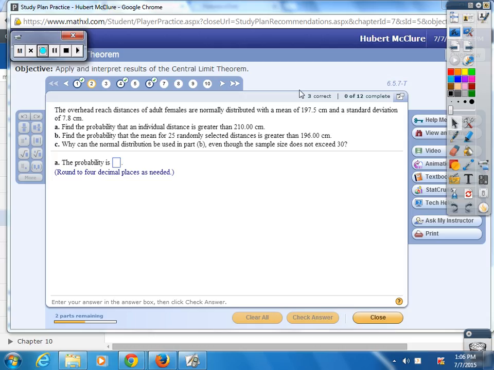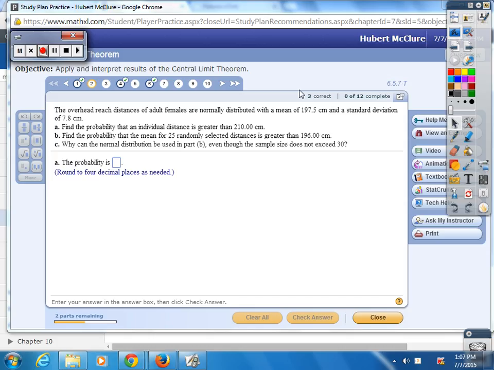197 centimeters. That's 197 fingernail widths, and a standard deviation of 8 centimeters, which is 8 fingernails. No yawning in class. Find the probability that the individual distance is greater than 210. What is that?